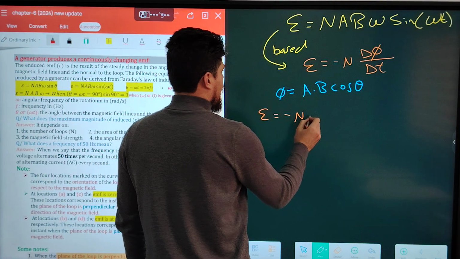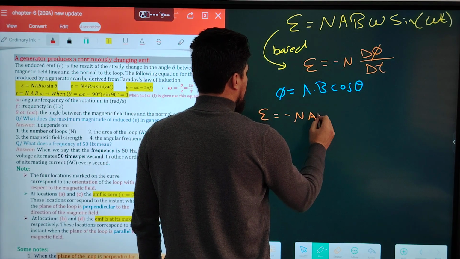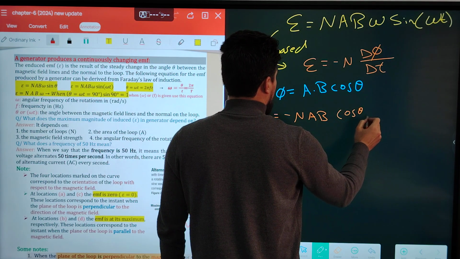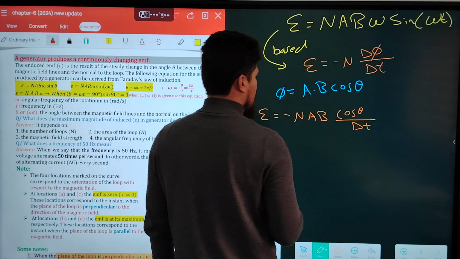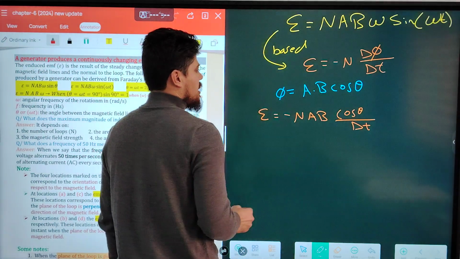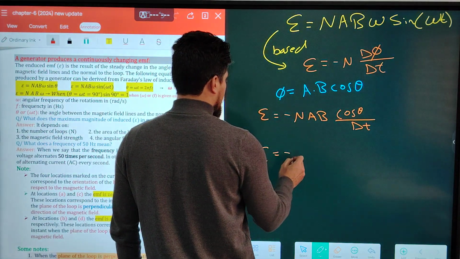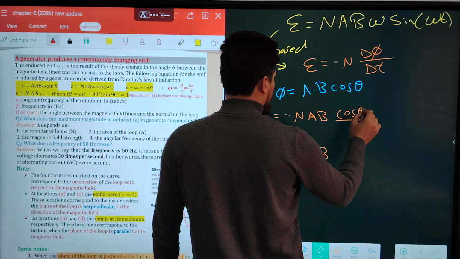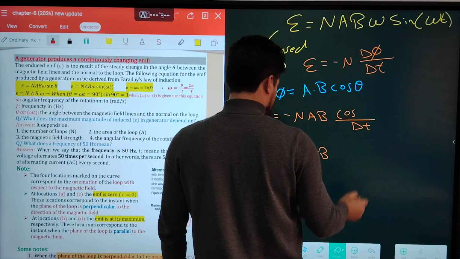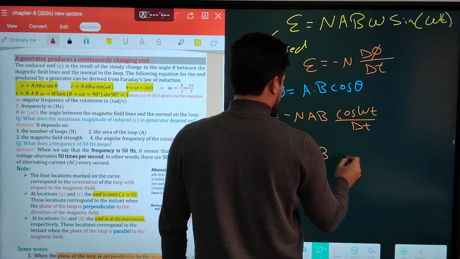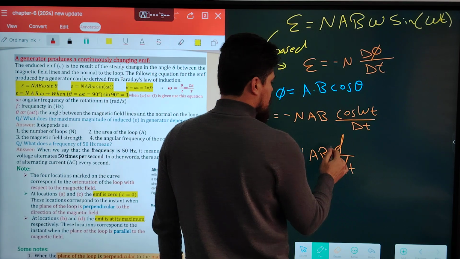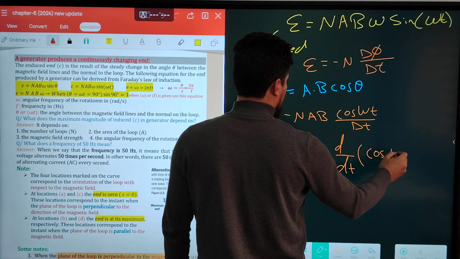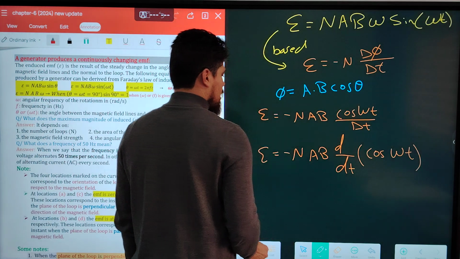EMF is N A B cosine theta, here as a function of time, where theta is omega t.